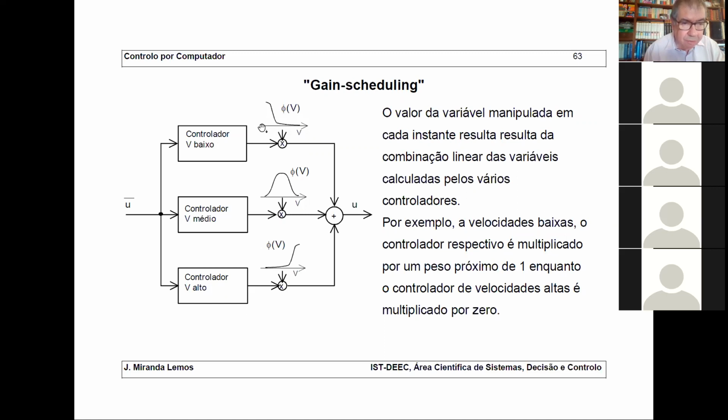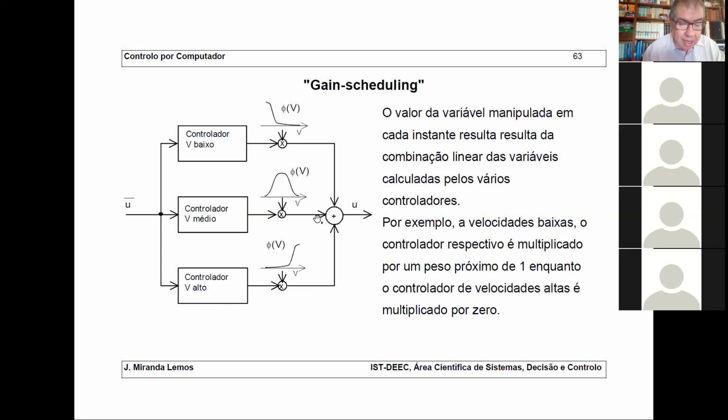Okay? For low values of the speed, this function is close to 1 here, and for high values it is close to 0. Now, for intermediate values, for low values of v, it's 0. For intermediate values it is 1, and for high values it is 0. And the same for I. And then you add the outputs of the 3 controllers to build the control variable.